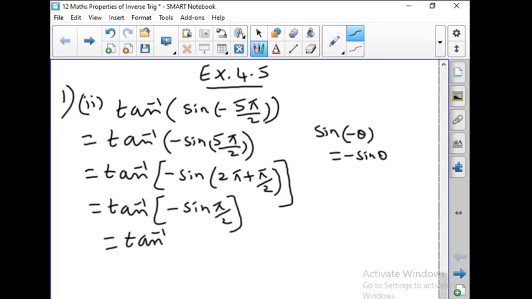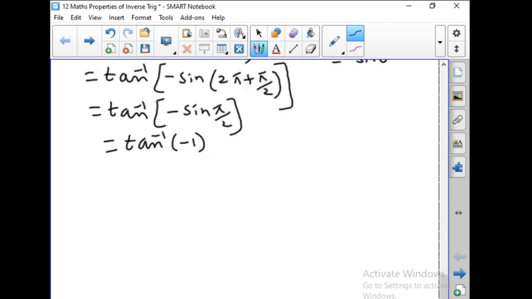Sine pi by 2 is 1. Therefore, we have tan inverse of minus 1, which is equal to minus tan inverse of 1, and that is nothing but minus pi by 4, because pi by 4 is 45 and tan 45 is 1. So we have minus pi by 4.